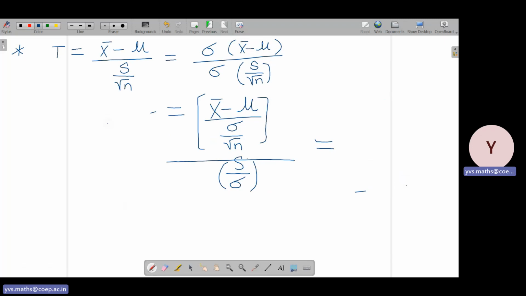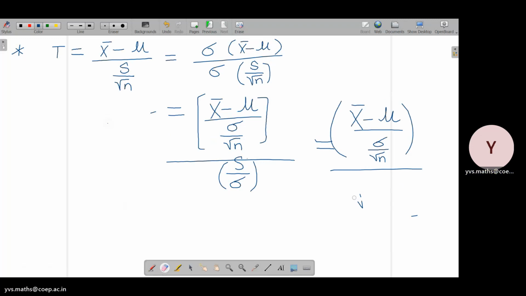So the same thing we can write as x bar minus mu upon sigma by root n in the numerator, and the denominator we can write as s square upon sigma square, under the square root sign.